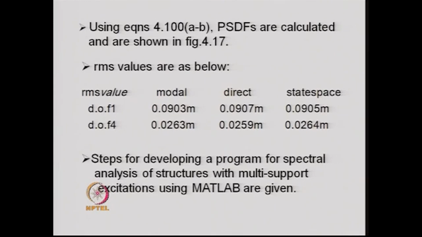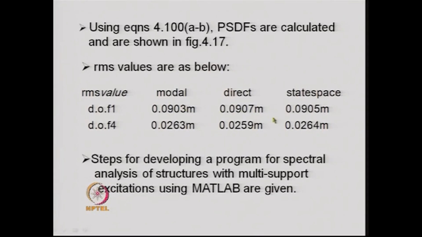And then using the formulation that we just described, we obtained the RMS value of degree of freedom 1, that is the top floor displacement, and degree of freedom 4, that is the first floor displacement. We obtained this by 3 methods. This one is the modal spectral analysis that we described before.